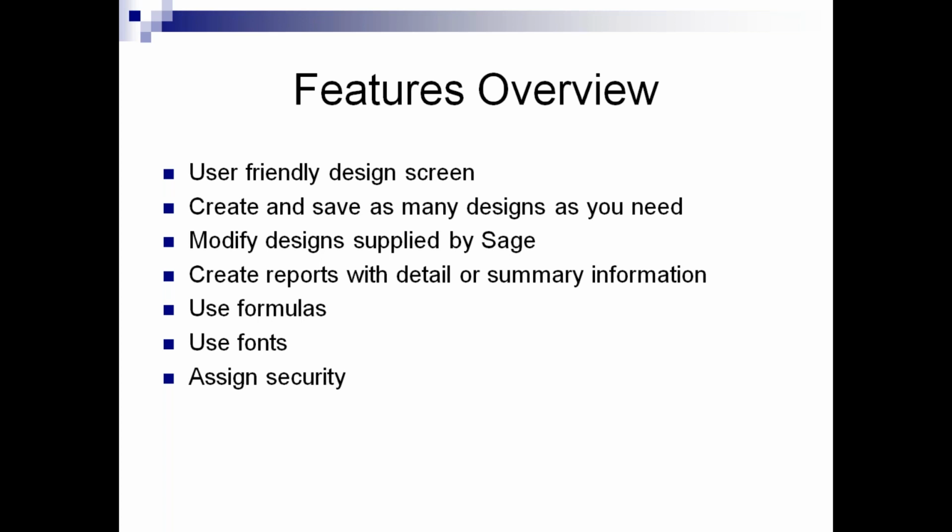We can also change colors. So when you click on the font option, and I'll show you when we get into the software, there will be an option there to change the color of the value that's going to print in that column. But that's about as fancy as we can get. Like I said, we don't do boxes, we don't do shading, we can't pull in company logos.